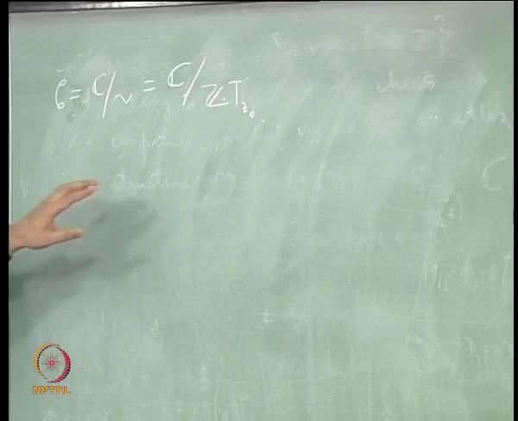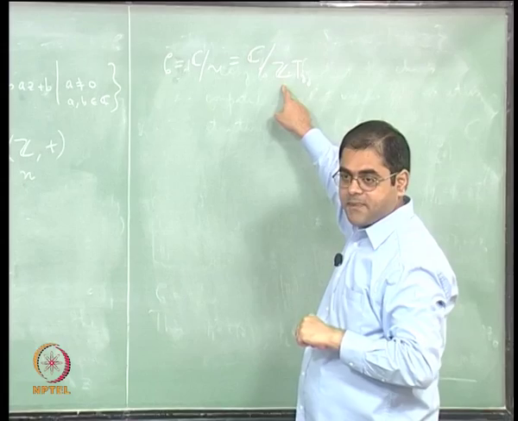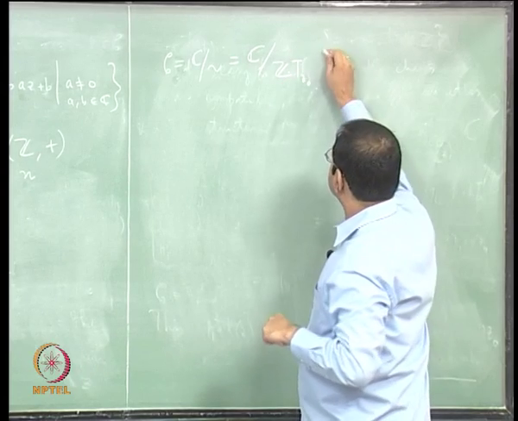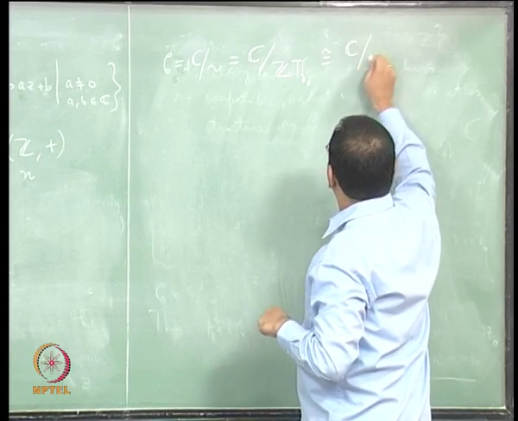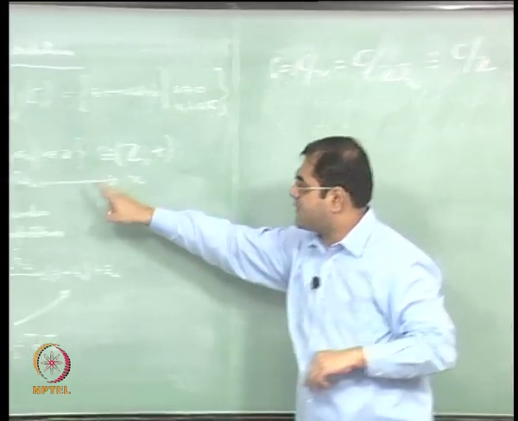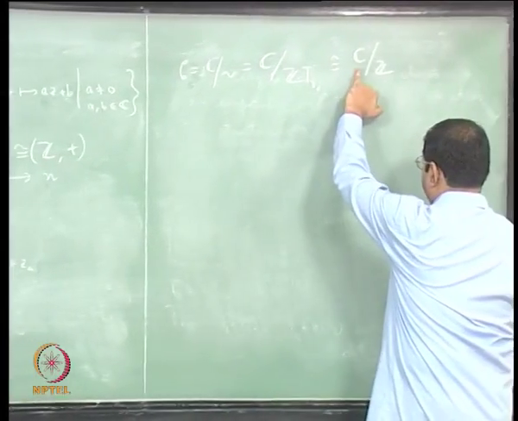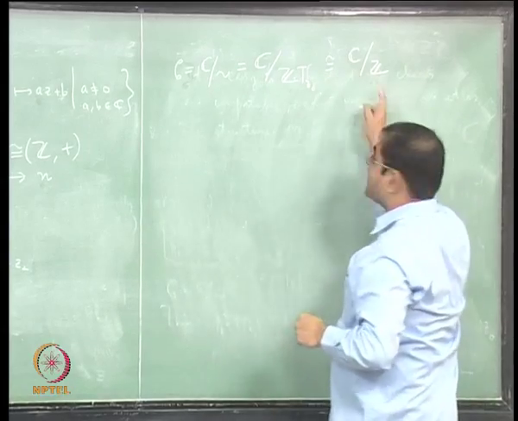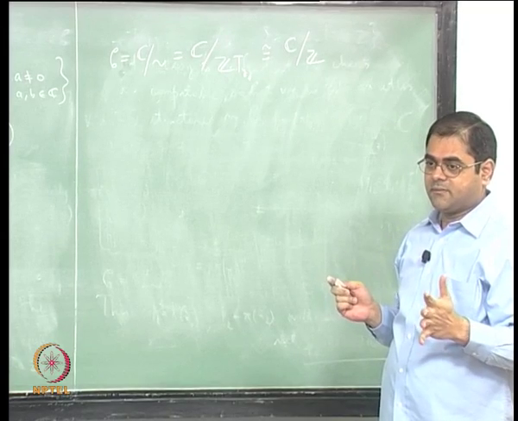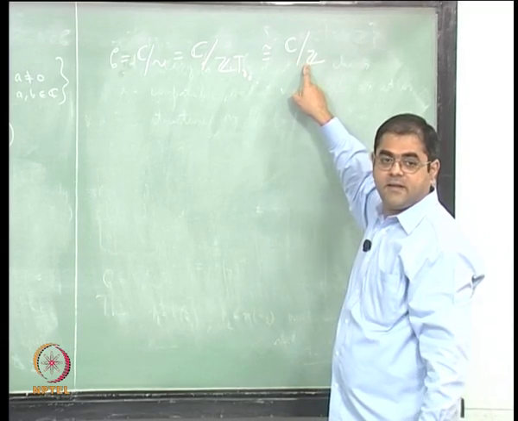If you take this point of view, it explains that this is isomorphic to C mod Z, because the group of translations T n z0 can be identified with Z by this map. So your cylinder is basically C mod Z, complex numbers mod Z.